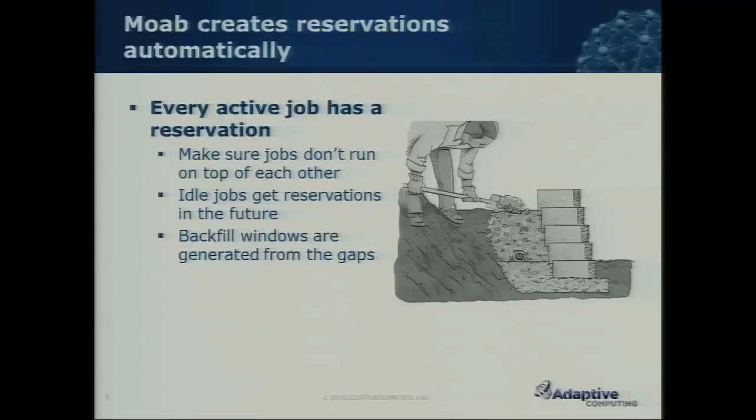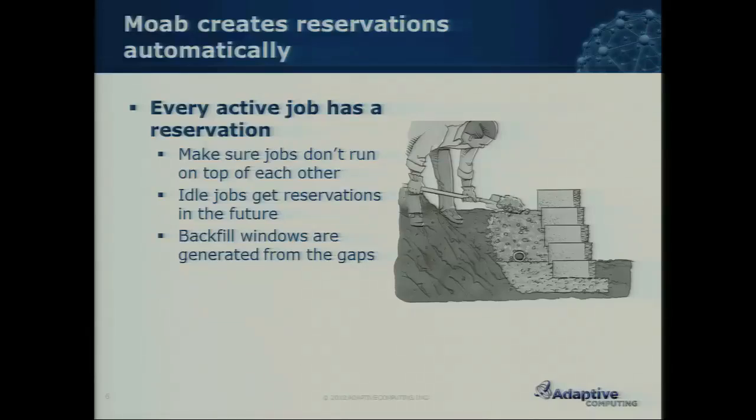But Moab also creates reservations automatically just to pack as much into the system as it possibly can. So every active job on the system has a reservation. This is done, as I mentioned before, to make sure that jobs don't run on top of each other. Idle jobs, jobs that aren't running yet, will get reservations out into the future.